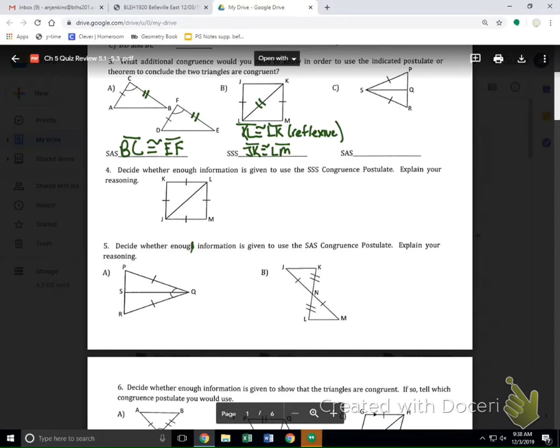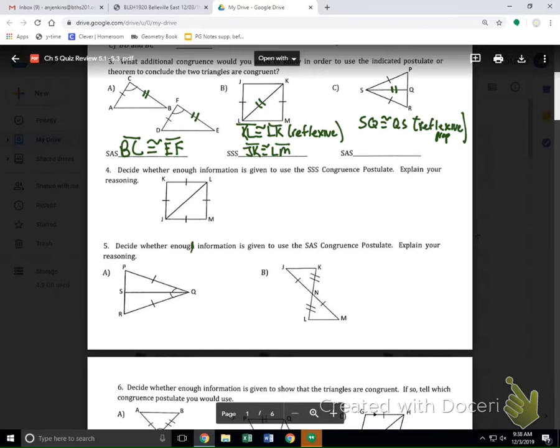Reflexive property. SQ is congruent to QS by that reflexive property. So 9 times out of 10 when you're doing these problems, if it has a shared side, you're going to have to use the reflexive property. You can put it in there.